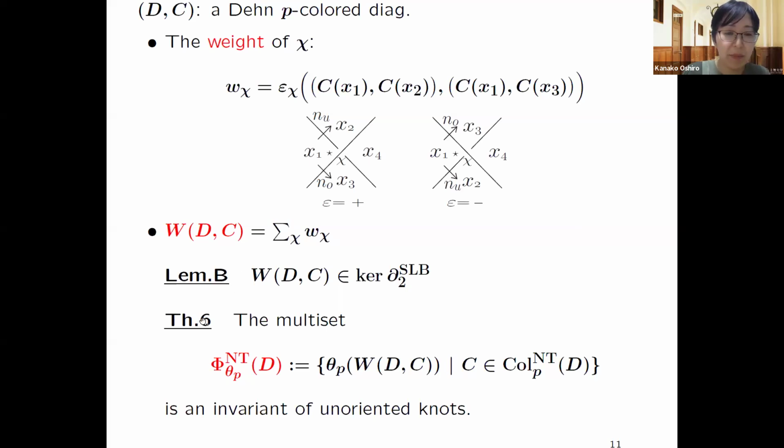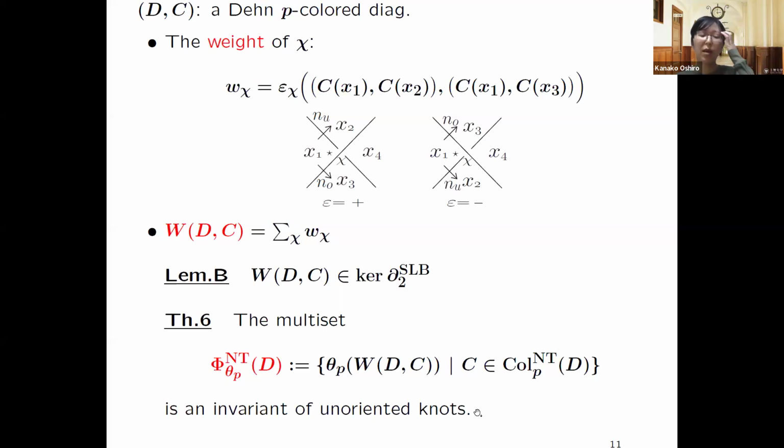And we have the next theorem. The Mochizuki set, which is denoted by phi theta p of D, is the set of elements theta p of W_D(C) for all of the non-trivial Dehn colorings of D. This Mochizuki set is an invariant of unoriented knots.